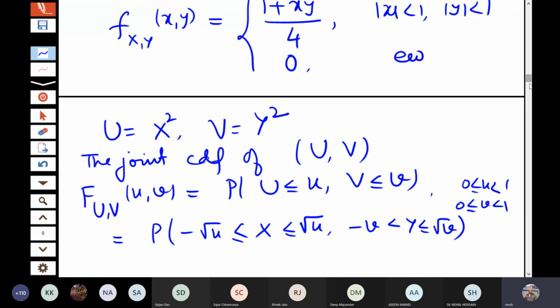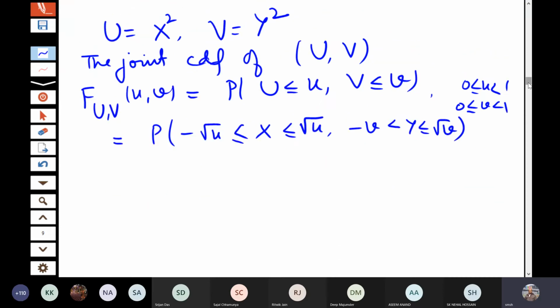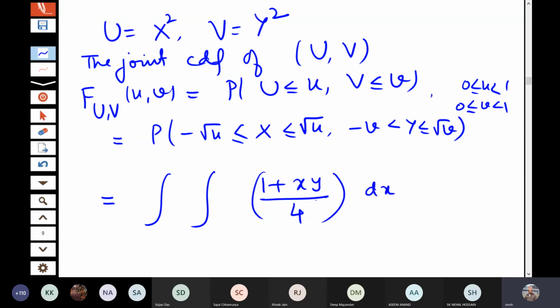This can be calculated from the joint density, that is (1 plus xy) divided by 4. X is integrated from minus root u to plus root u, and Y is also integrated from minus root v to plus root v.